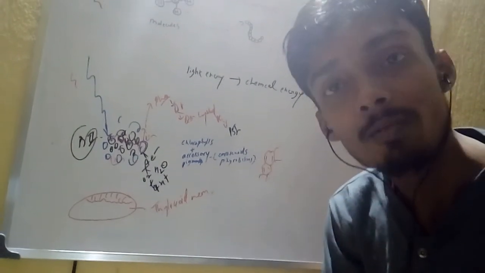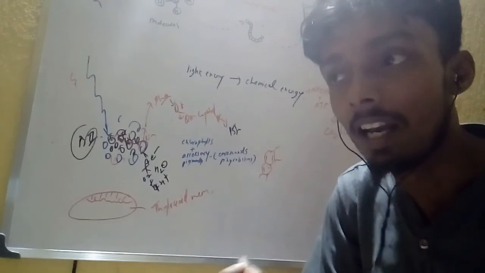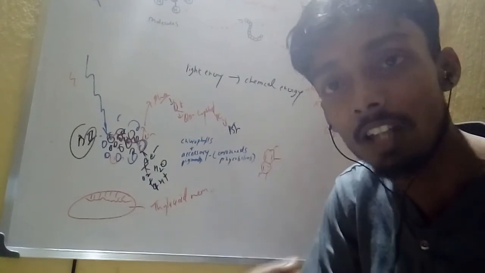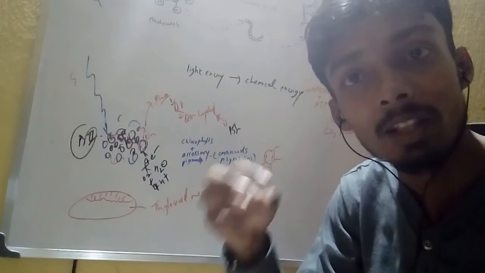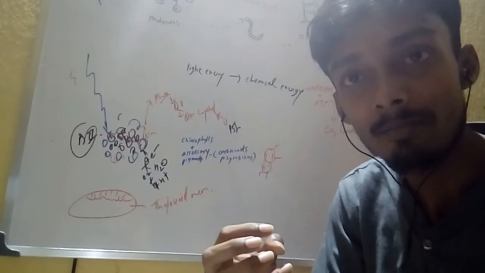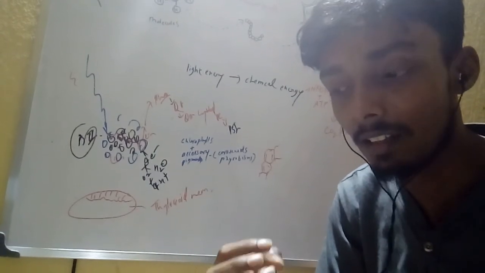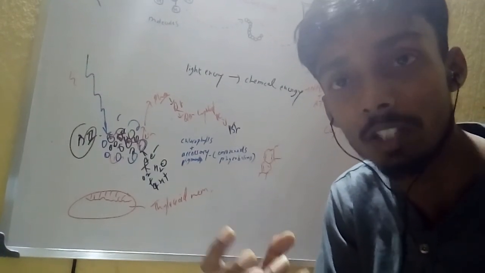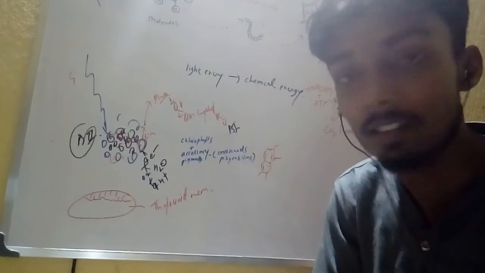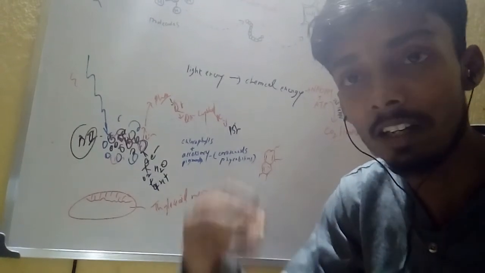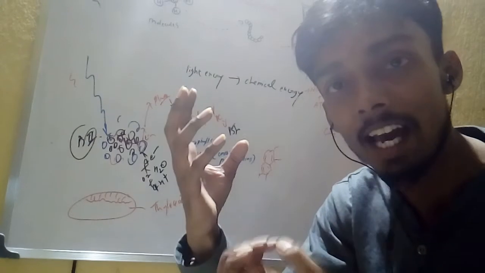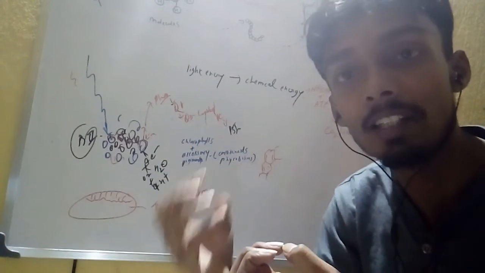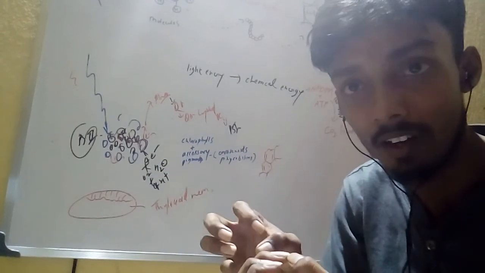Okay, so what they do is they absorb the energy from light, and light itself excites the electrons of the pigment, and that pigment has the highest reduction potential. The light energy excites their electron, and the gap is filled by the photolysis of water.